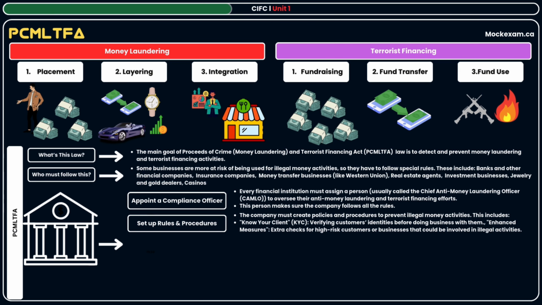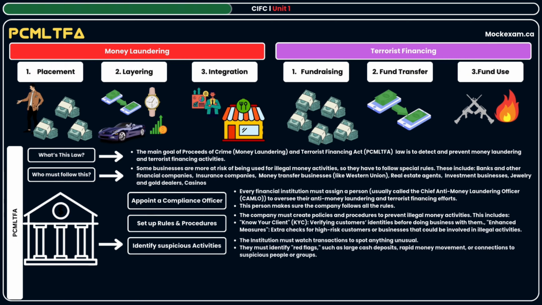The third duty of these financial institutions, or those businesses that follow PCMLTFA, is identifying suspicious activities. So the institution must watch transactions to spot anything unusual. I mean, it usually is done automatically.